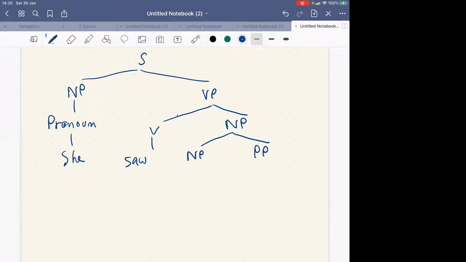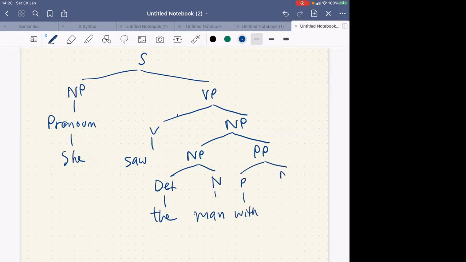So for this one, we will have the and the noun man. And for the PP, we will have P with and the NP, a telescope. So this is the structure for the first meaning.